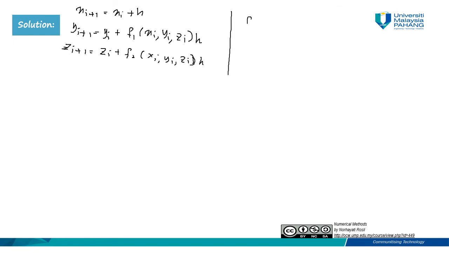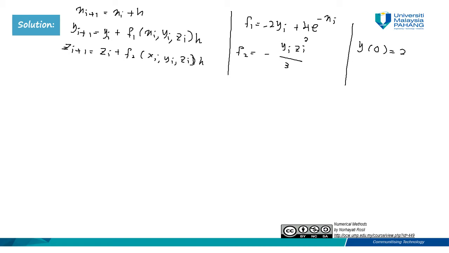And our f1 is equal to minus 2 y i plus 4 e to the power of minus x i, and f2 is equal to minus y i z i squared divided by 3. And our initial conditions given to us are y0 is equal to 2 and z0 is equal to 4.